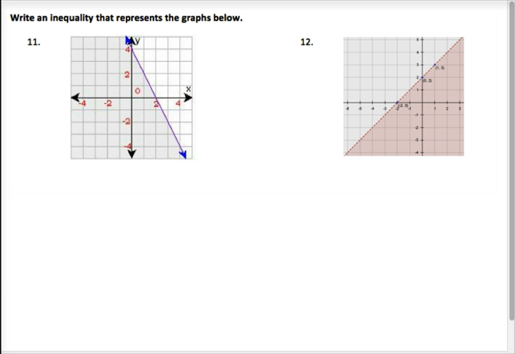So remember, the first element is slope. Well, what I'm seeing for a slope, I pick 2 points. In between those 2 points, what's happening? Well, I'm going down 2 and over 1.